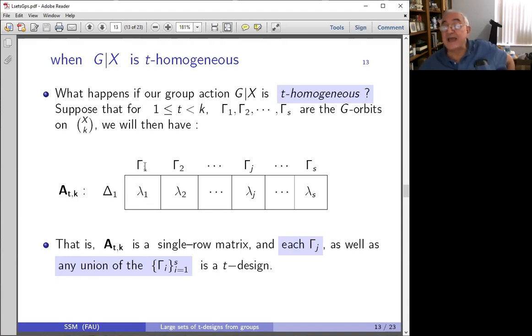So in other words, the orbits gamma 1 through gamma S themselves are t-(v,k,lambda) designs, with lambda being this constant here. That's a fantastic gift. We can get T designs immediately. And of course, any union of these orbits is a t-(v,k,lambda) design, where the lambda is the sum of the corresponding lambdas.